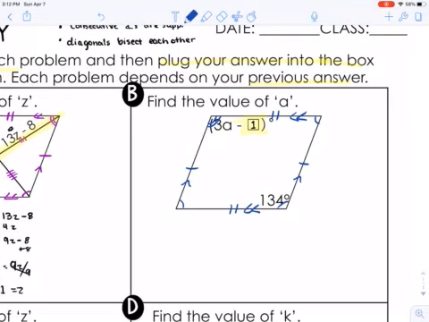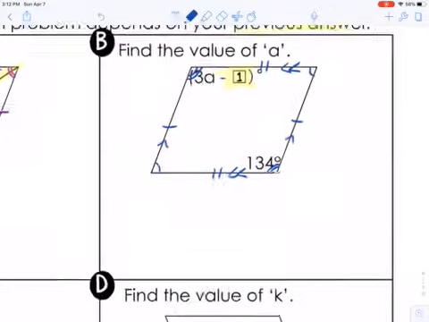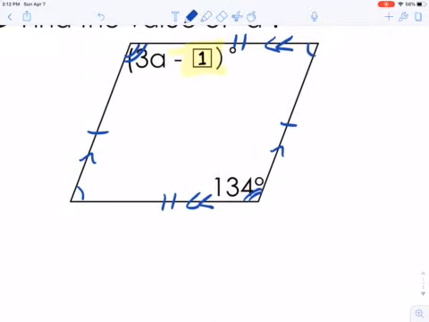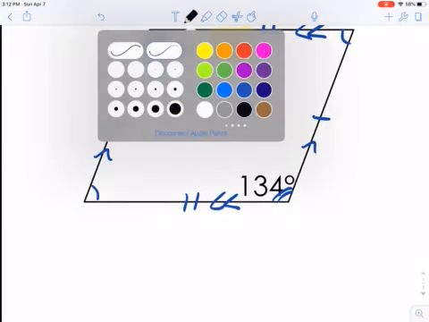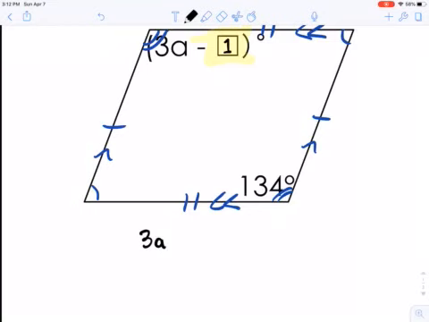Now we're marking these opposite angles congruent, and there's no diagonals drawn, so I don't need to worry about that. Now that we've marked those opposite angles, it should be clear to you that 3a minus 1 equals 134. Why? Because they're opposite angles, they're congruent, and congruent means their measures are equal.